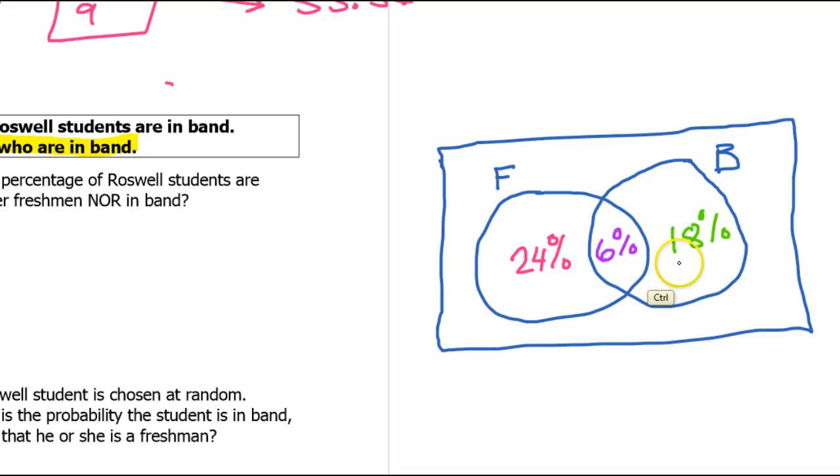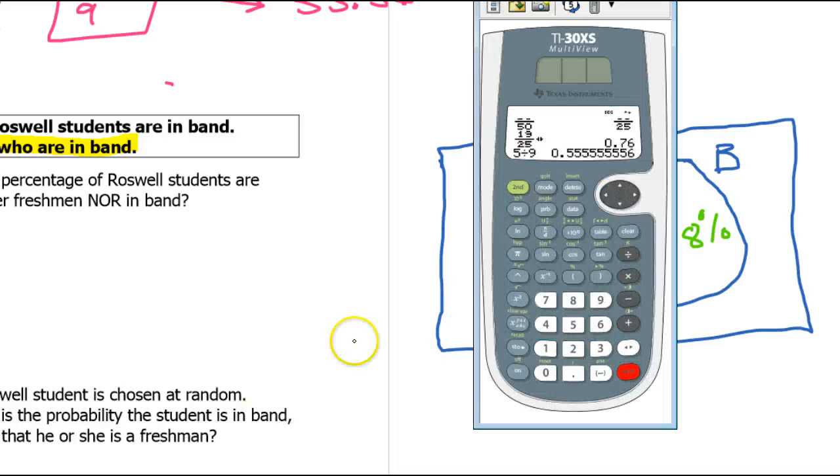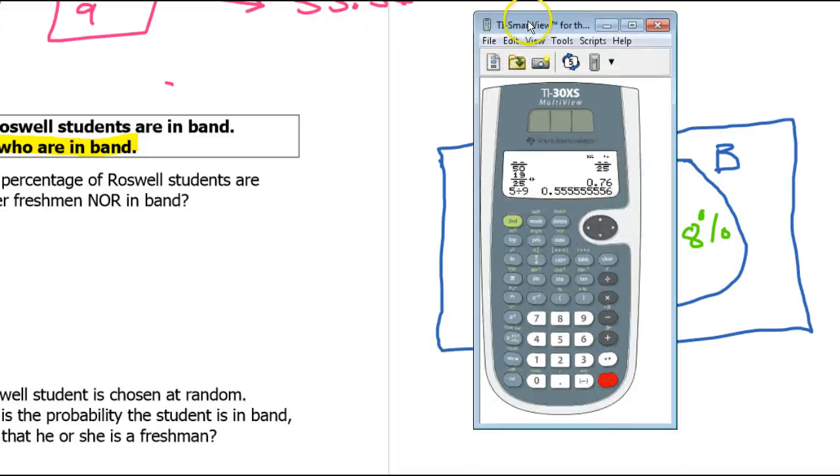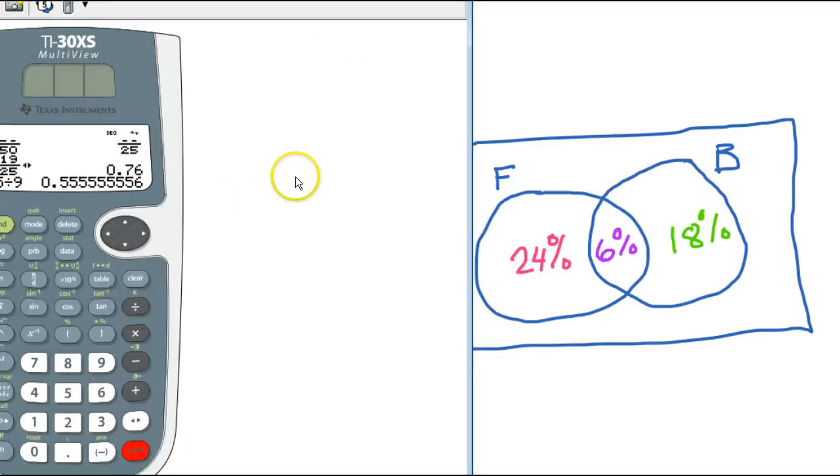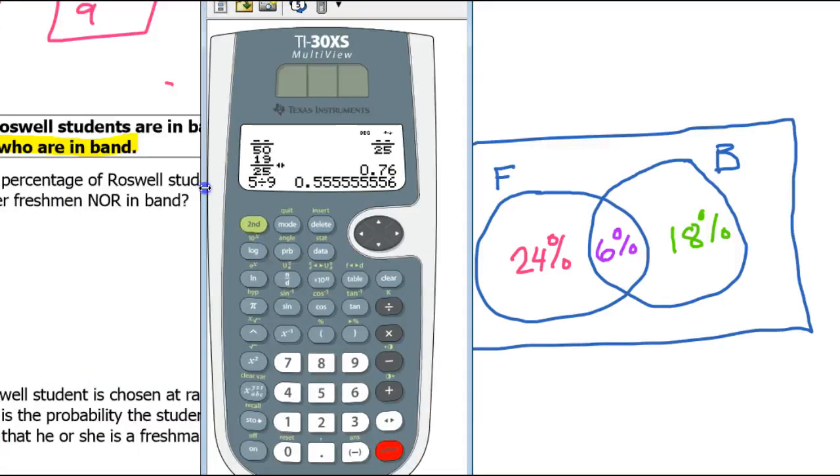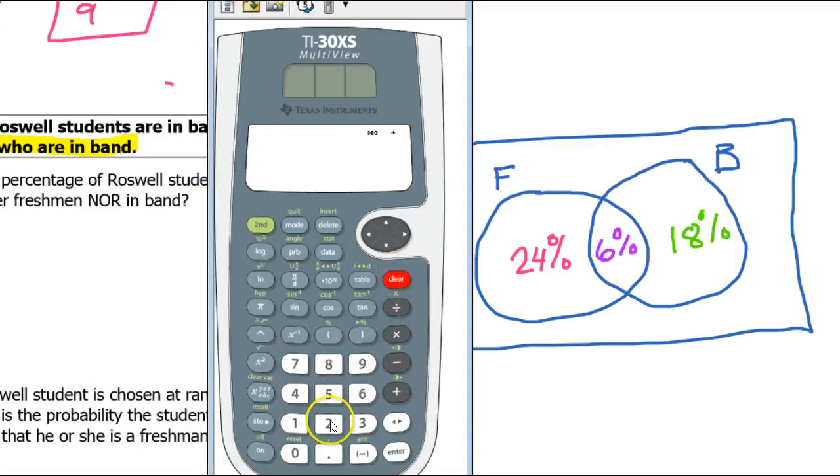Okay, now we know that if we're talking about all of the students at Roswell, we're talking about 100%. So how much do we have so far? Okay, so far we've got, well, 24 plus 6, that's 30.